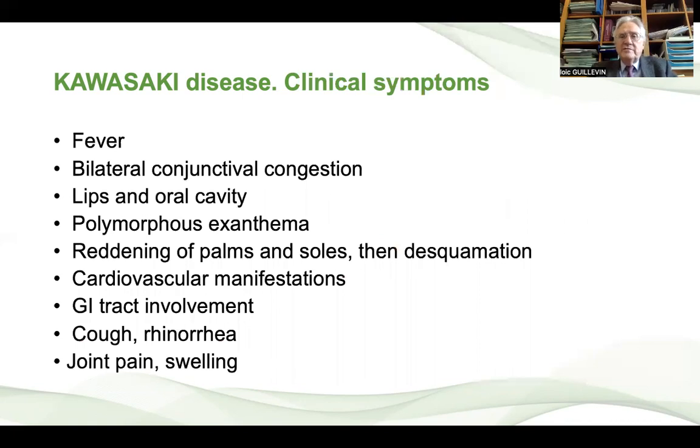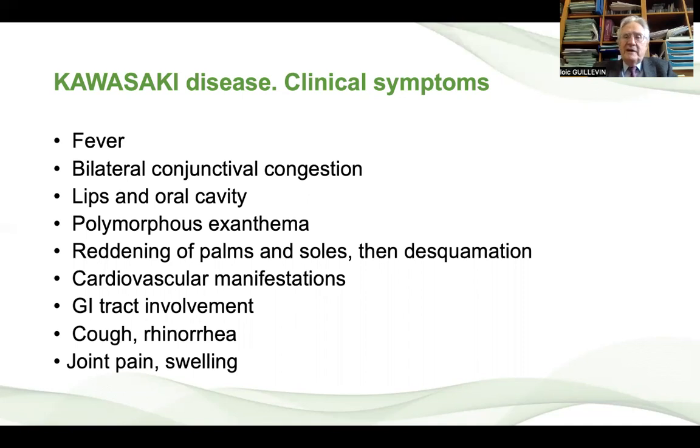The clinical symptoms are very close to other symptoms observed in children, but some special symptoms are of major interest. They have fever, bilateral conjunctival congestion, cheilitis affecting lips and oral cavity, and a polymorphous exanthema, which can be something like rubella.